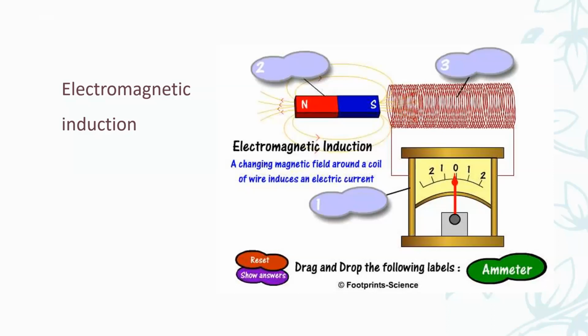The free electrons in the coil will be aligned in a specific direction, and that will cause a current to be generated in that coil, and that is so-called induction. Electromagnetic induction means that because of the magnetic field, if a current is generated there, then we can say that phenomenon is electromagnetic induction.